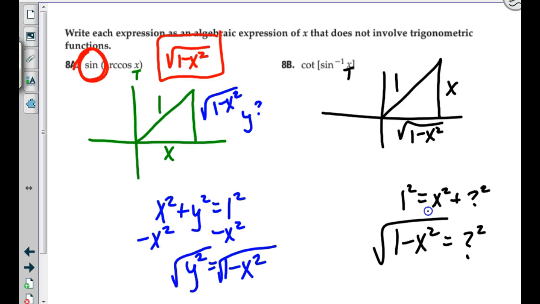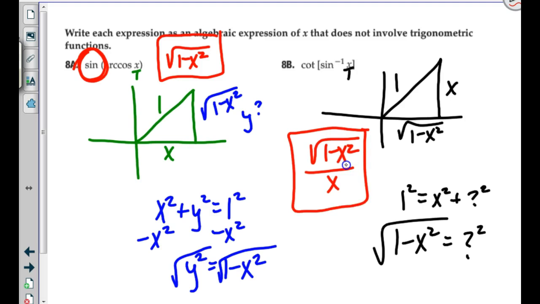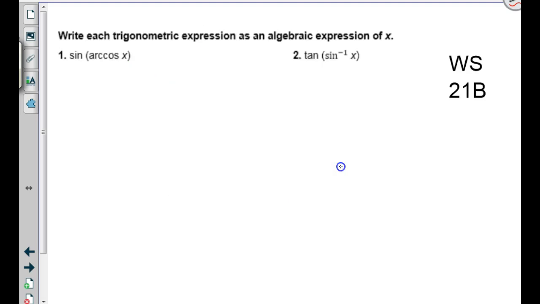Okay, what's the cotangent? Yes, which is adjacent over hypotenuse. So it's square root of 1 minus x squared over x. Okay, these are miserable. Let's practice them on our homework, maybe.